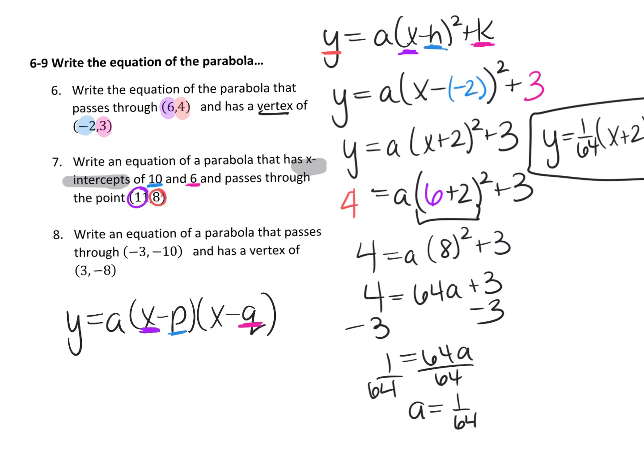Just trying to stay consistent with my colors to not confuse you. So we are going y equals a times x minus 10 times x minus 6. If they were negative, it would be minus the negative, which makes it plus.